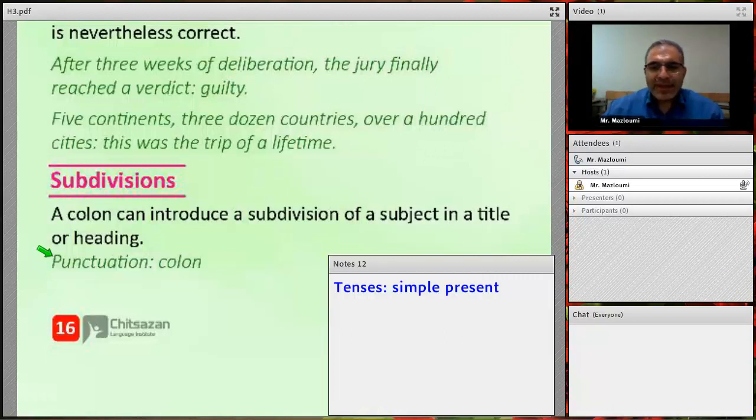Simple present is a subdivision of this general category. Okay. Another example. Colors. Okay. Then colon. For example, let's say purple, one of my favorite colors. Okay. So, you know, everyone, colors is a general category. Purple is a subdivision.